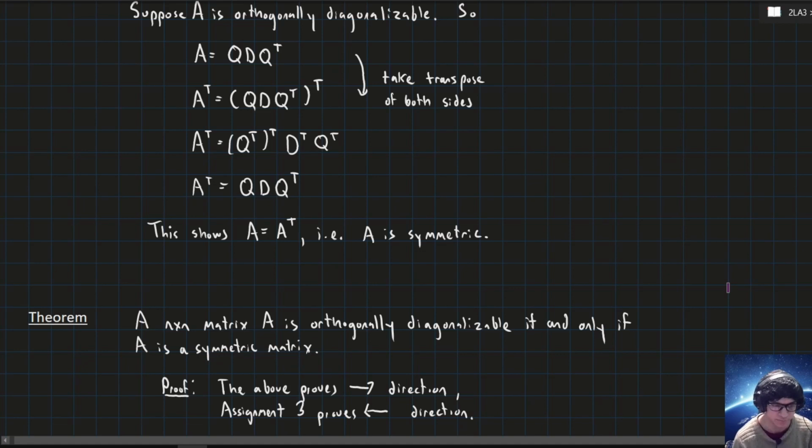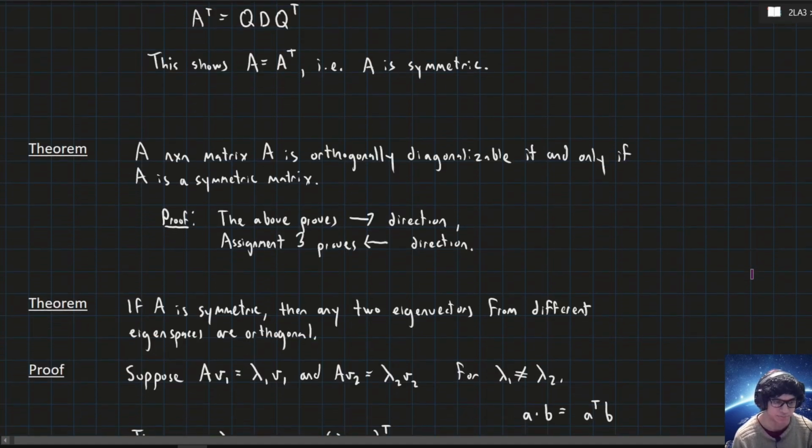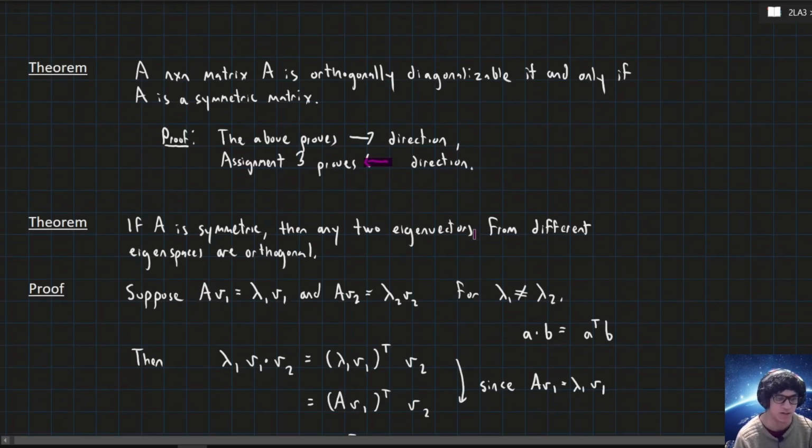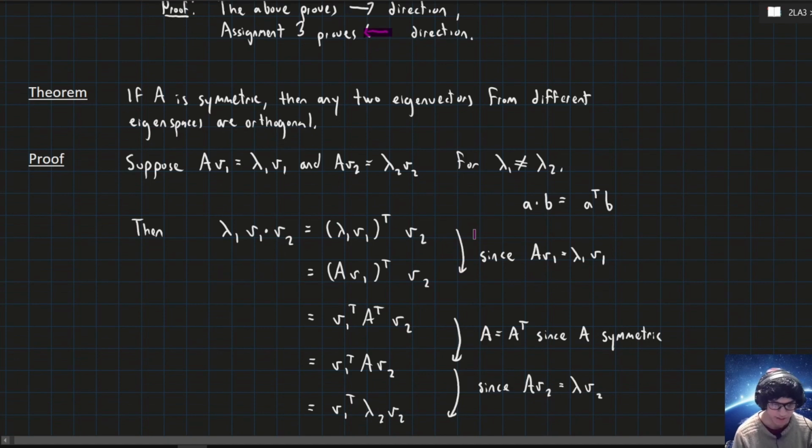Another important fact about symmetric matrices, and a fact that's needed for this direction as well, is that if A is symmetric, then two eigenvectors from different eigenspaces have to be orthogonal.